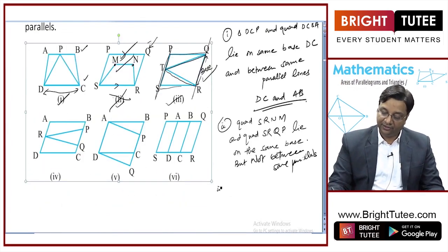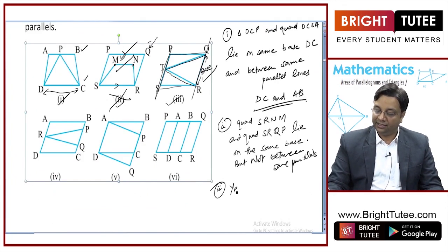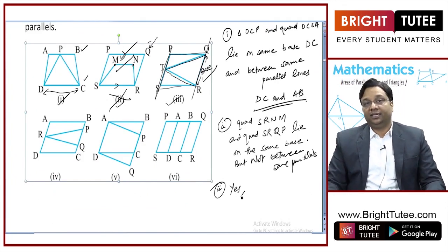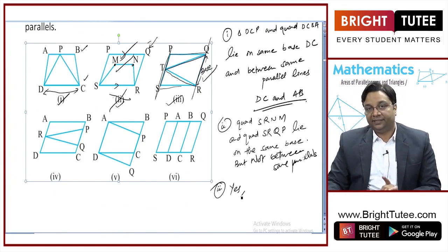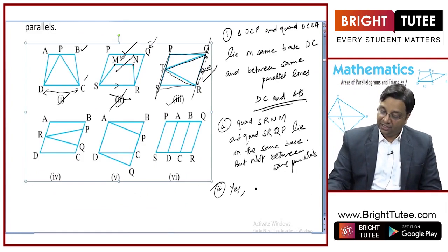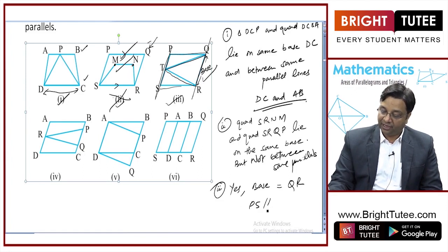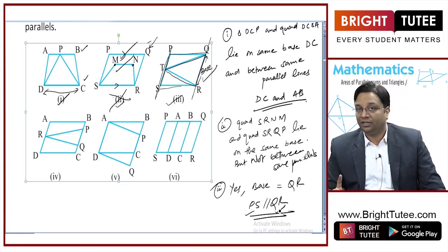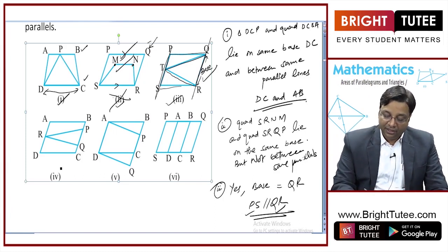So in third case, yes, these figures lie on same base and between same parallels, and the common base is QR and PS is parallel to QR, right. So PS and QR are same parallel lines that we are talking about in this question.